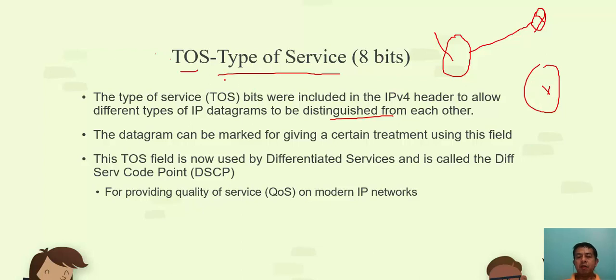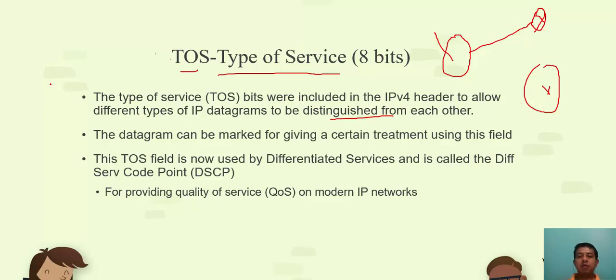So this field, the type of service field, was not used for its intended use. The intended use was to provide differentiation between datagrams carrying different types of data, but this preferential treatment was never provided. So the original aim of this TOS field was never achieved.